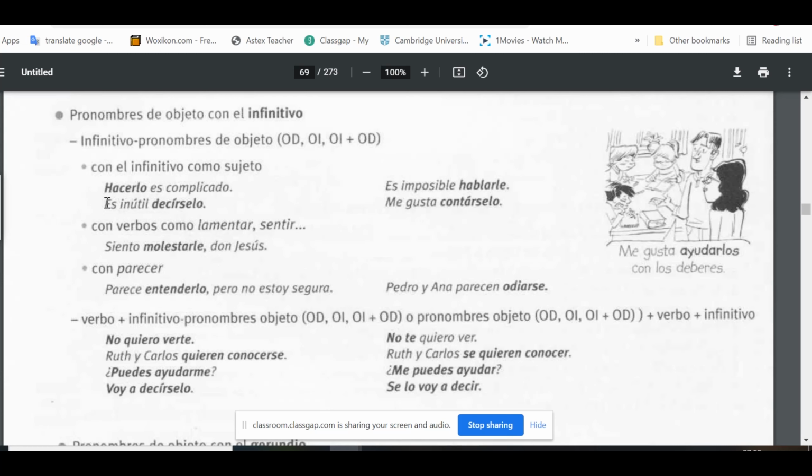Also after it is useless, for example, es inútil decírselo. It is useless to tell him about it. Decir is say, se is him, and lo is the thing we're talking about. So contárselo, same thing. Es imposible hablarle. It is impossible to talk to him.